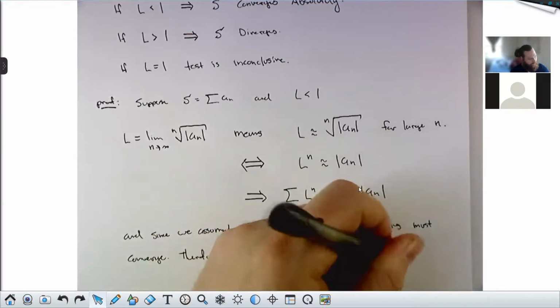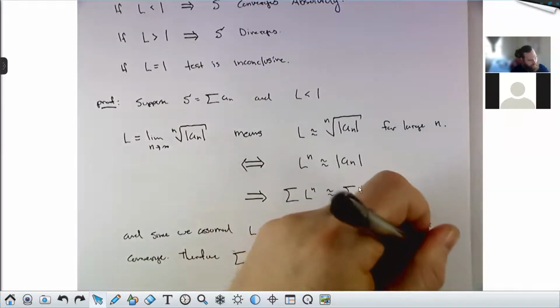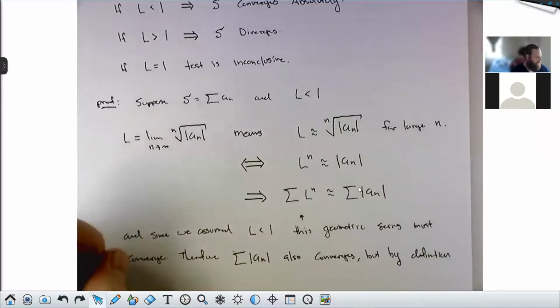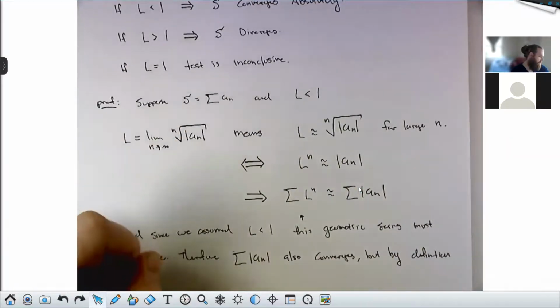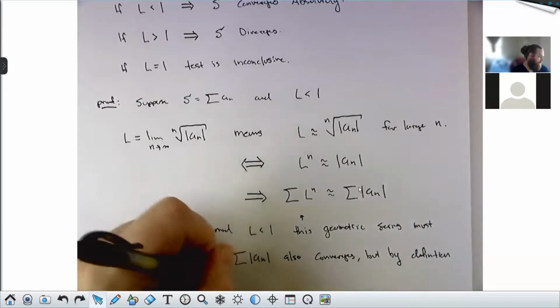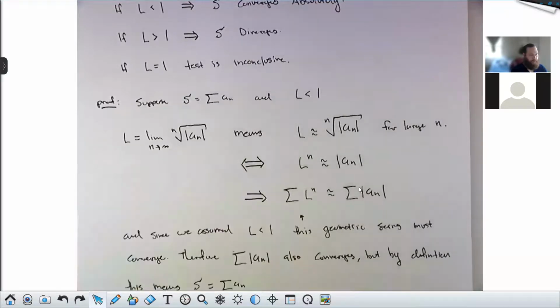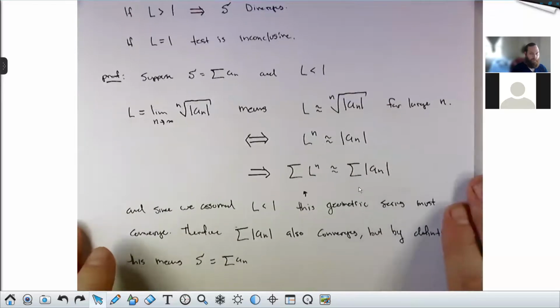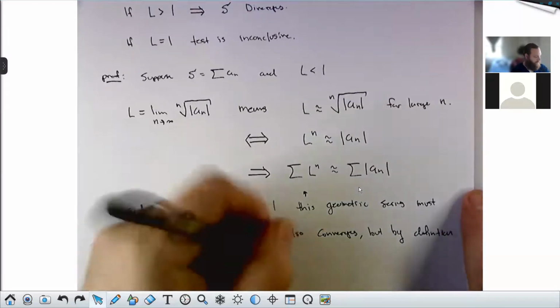But by definition, that means that the original series S, just sigma an, converges absolutely.